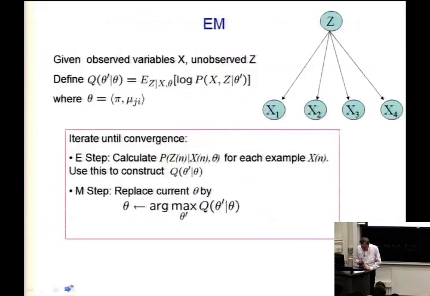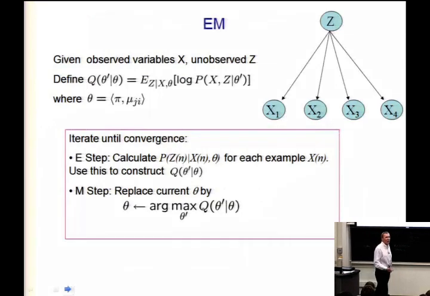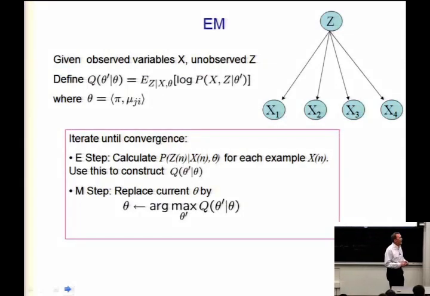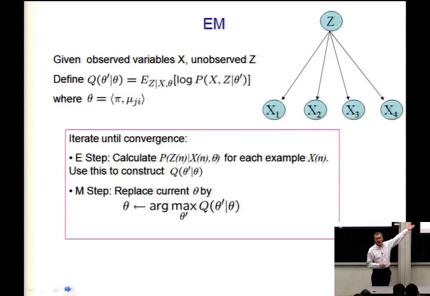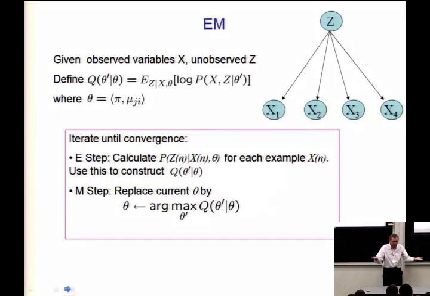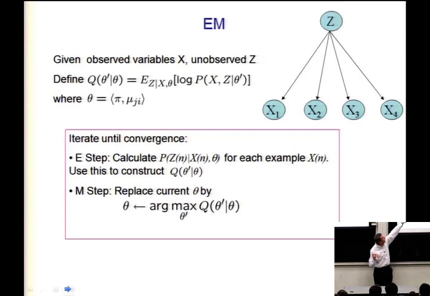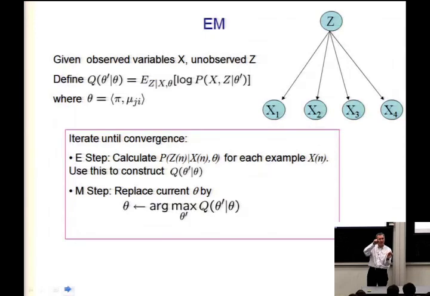Okay. So when we do that, we get a very nice simple EM procedure that looks as simple as the one we talked about last time. That is, we're going to start with our data points. We can only observe the vector of x sub i's for every data point. We can't observe their z. That's the cluster label. We don't know it. And so on each E step, we're going to calculate the probability distribution over possible clusters for data point n, for each of the data points.